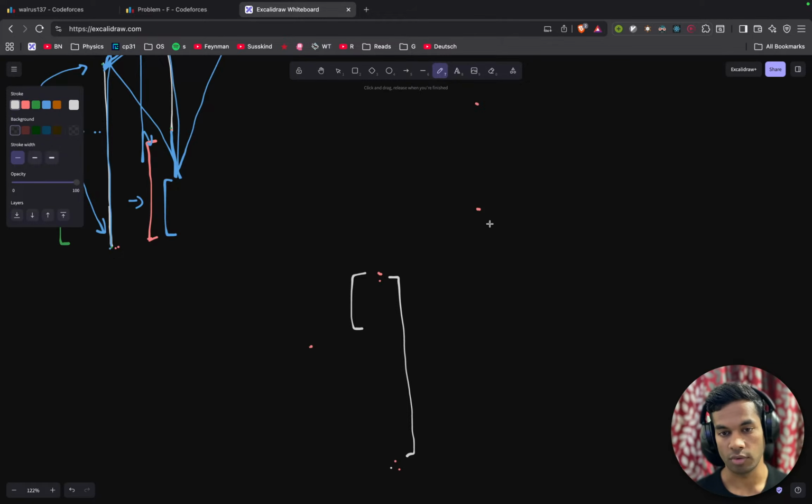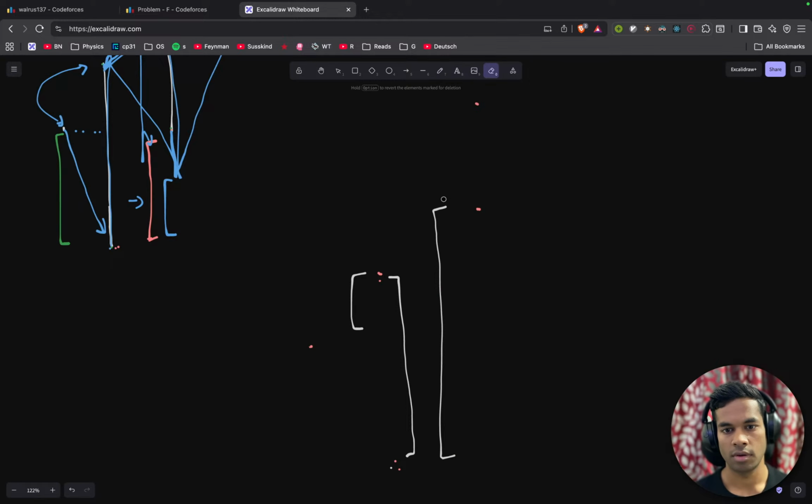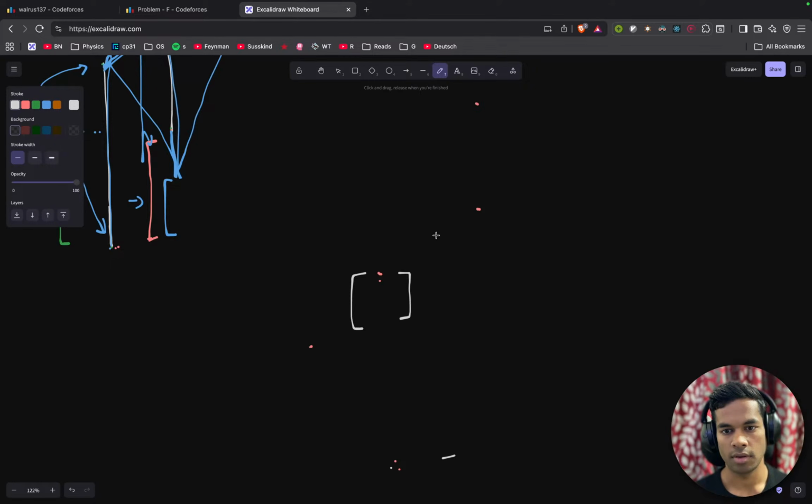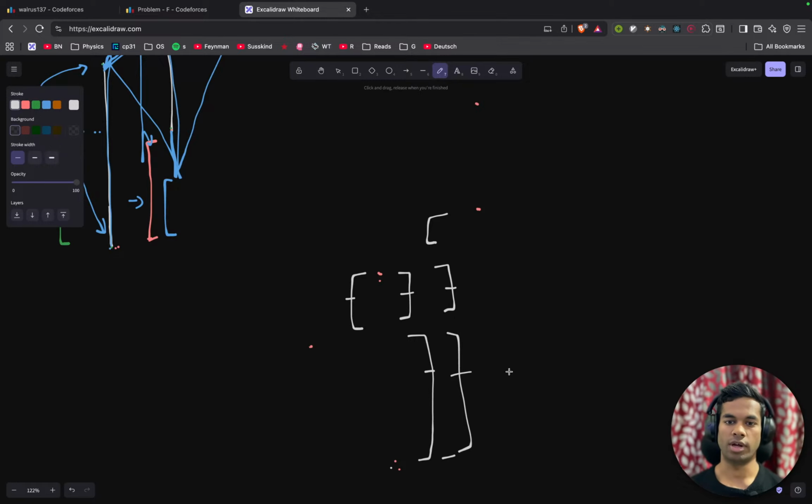So this one is closer, and to get here we will move this much distance, and that is not very good. In total we are moving through this part 3 times and through this part 2 times, which does not seem good.